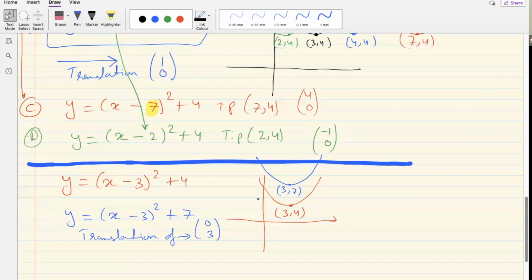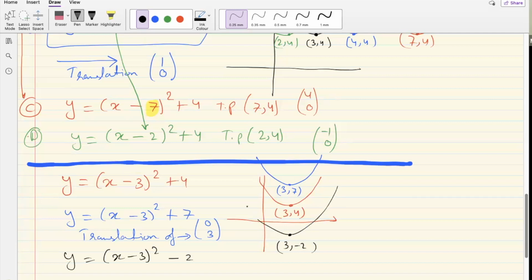So we have adjusted the value of k. Let's try decreasing the value. y = (x - 3)² - 2. So now I know that the turning point is x 3 and y -2.